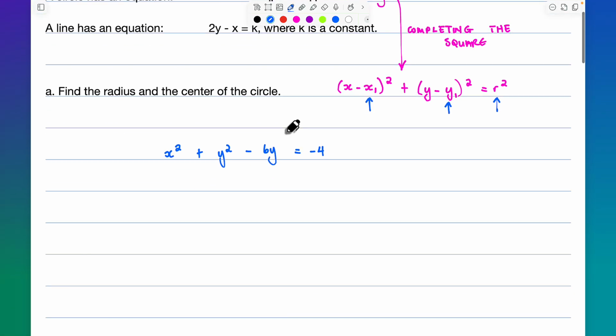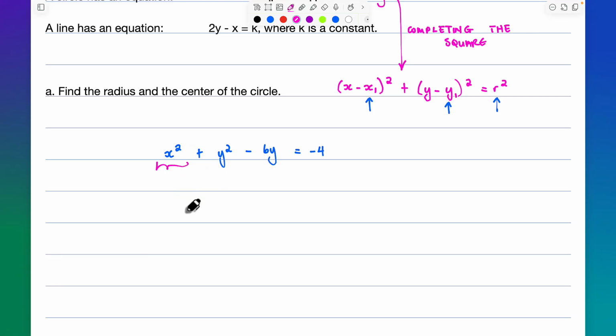Looking at our equation, usually when you have x squared and there is another term that has an x, that means x has been expanded. In this case, x is on its own over here.